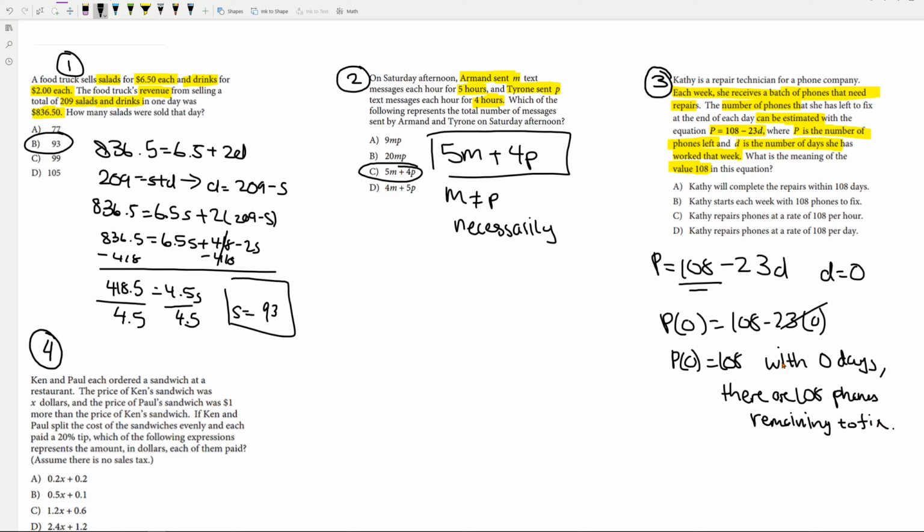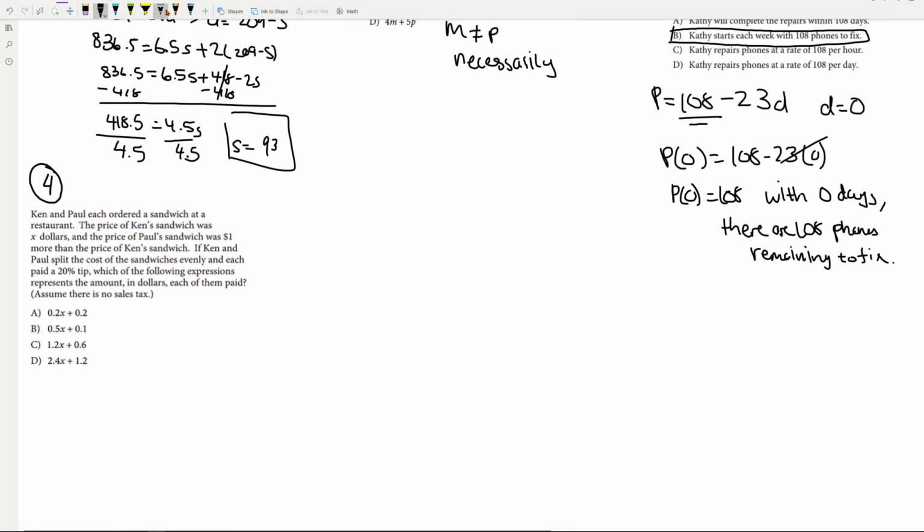Now the next one is going to be about combining algebra and creating an equation. So the first thing we need to do is combine the price of Ken and Paul's sandwich, since they're asking us about splitting bills. So we need to find the sum. If the price of Paul's sandwich was $1 more than the price of Ken's sandwich, and Ken's sandwich was X dollars, then we can say that Paul's sandwich was X plus $1.